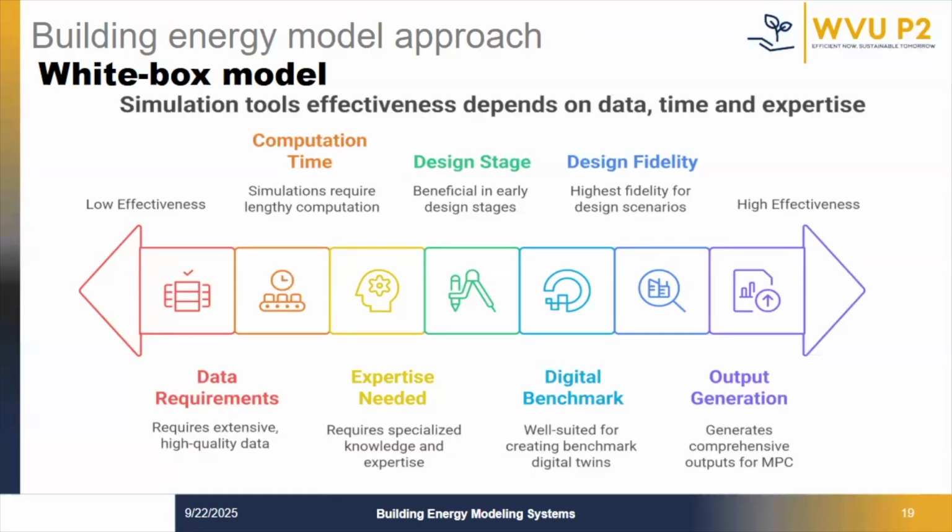Its major constraints include lengthy computational time, a heavy reliance on extensive high-quality input data, and a necessity for specialized expertise to build and interpret the models correctly. Ultimately, its power is unlocked when sufficient time, accurate data, and experts' knowledge are available to us.